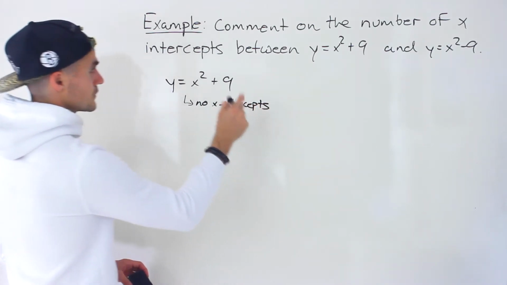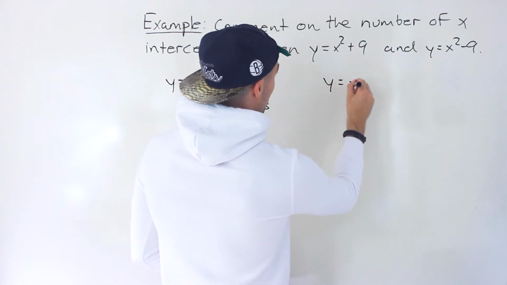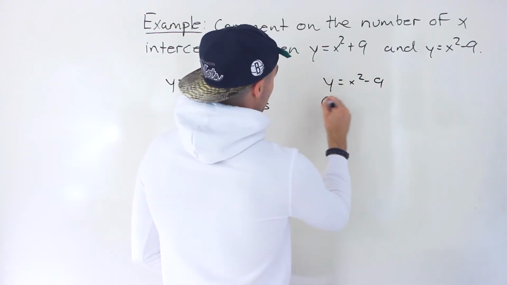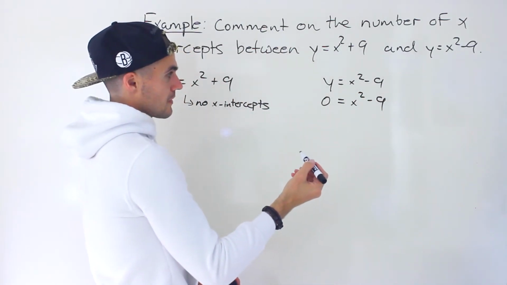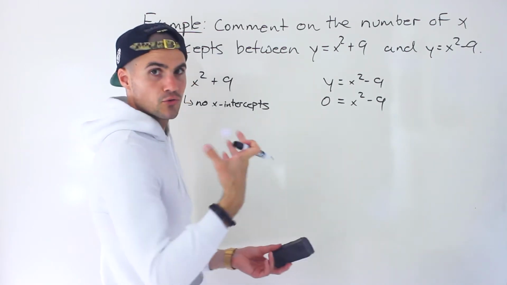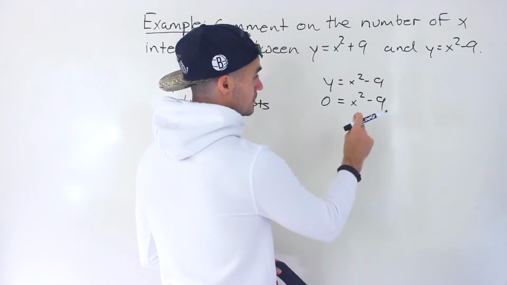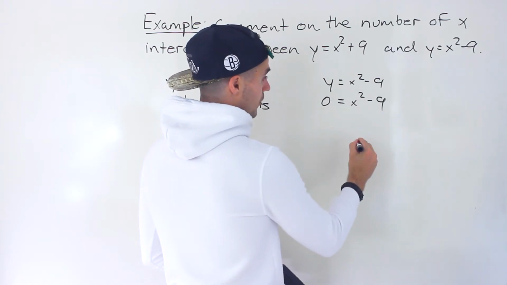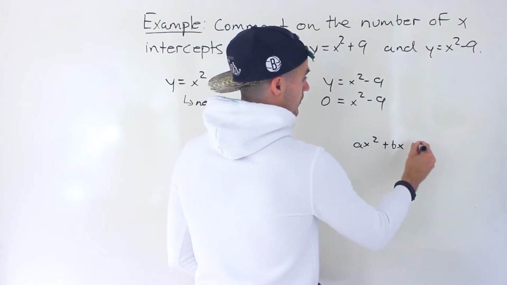Let's now show how many x-intercepts y equals x squared minus 9 has. If we plug in 0 for y, there are two different ways to do it. The less proper way is to directly solve for it, though you can do that pretty easily here, because again, you don't have to worry about a bx term.